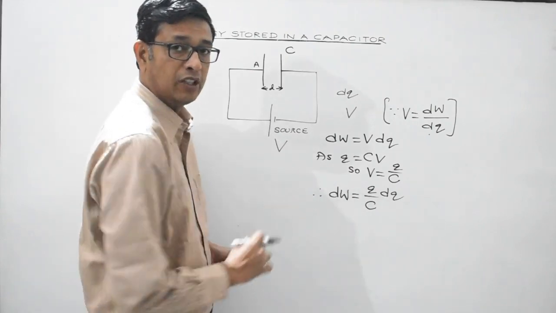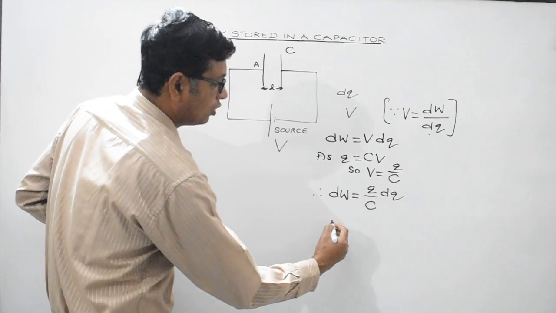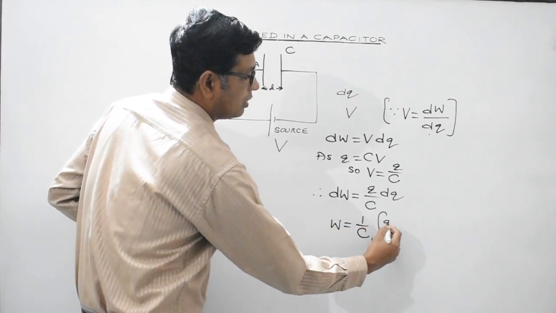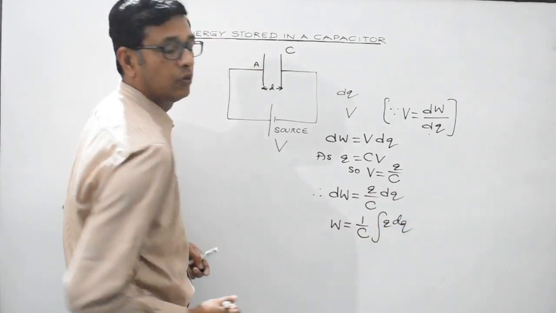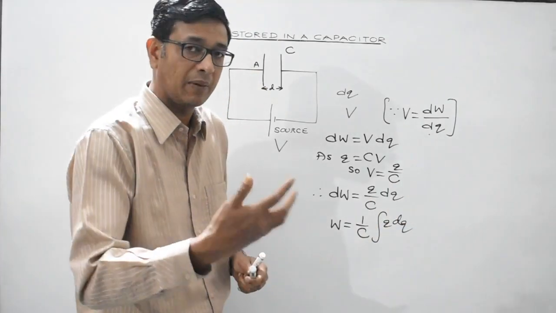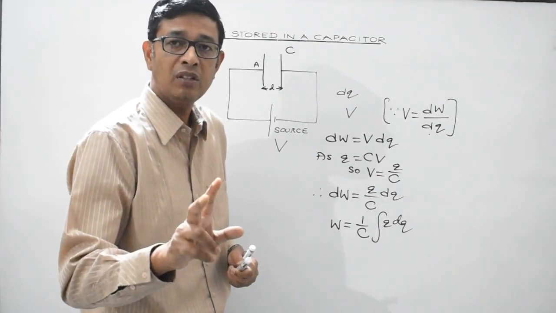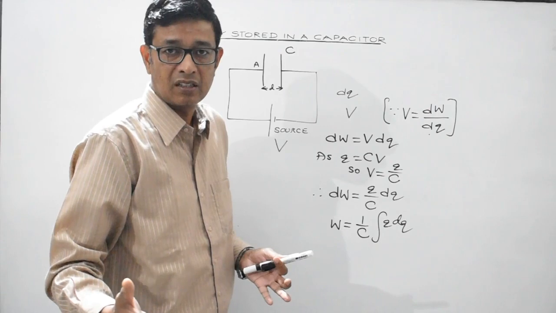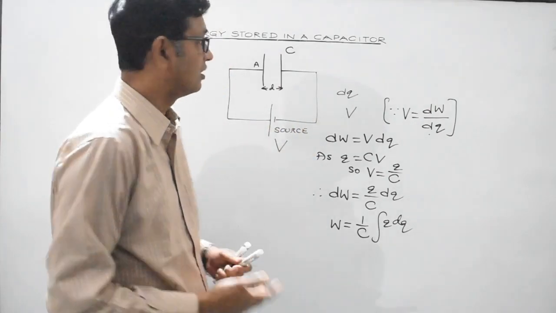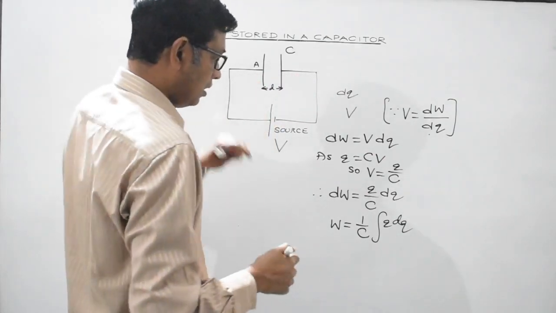Now, in order to find out the total amount of work done, we need to integrate it. So the total work done would be given by the integral of Q dQ by C. C is the capacitance, which for a given conductor or capacitor is constant. As we are aware, it simply depends upon the dimensions of the conductor as well as the medium in which the conductor is placed, in this case, the nature of the medium between the two plates.